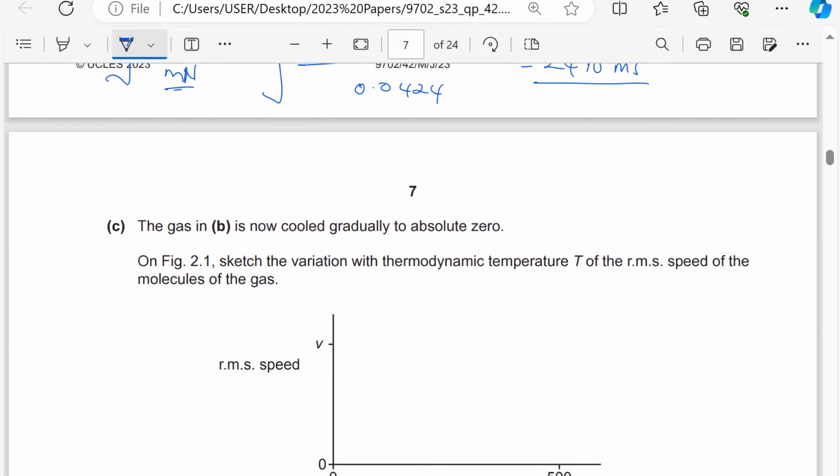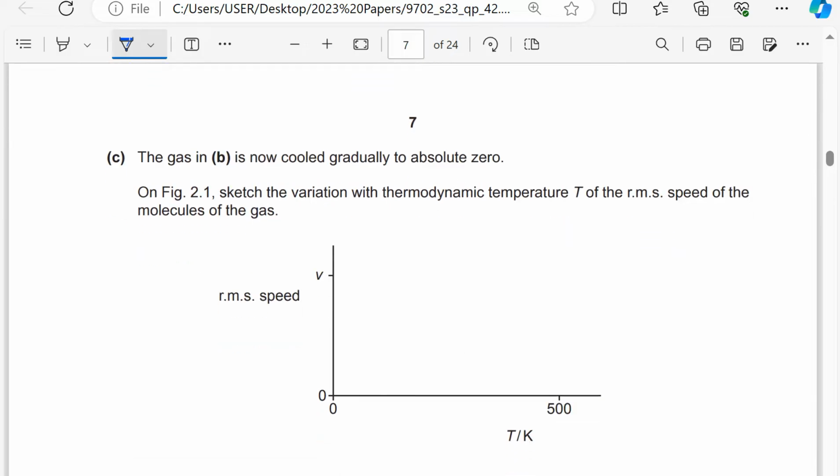The gas in B is now cooled gradually to absolute zero. On the figure, sketch the variation with thermodynamic temperature of the root mean square speed of the molecules of the gas. We have already seen that v is equal to the square root of 3kT divided by m.